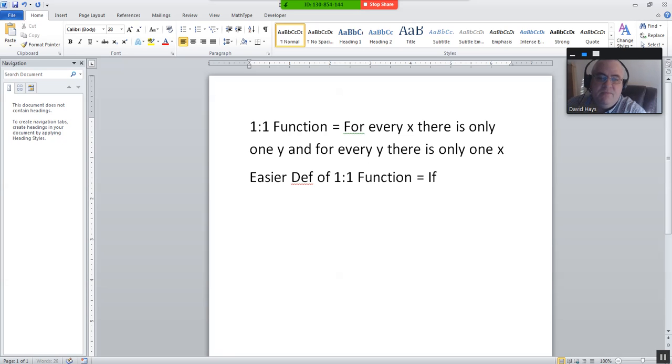It says if you have any of the following, it is not a one-to-one function.